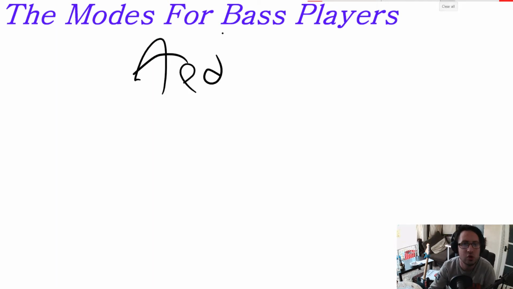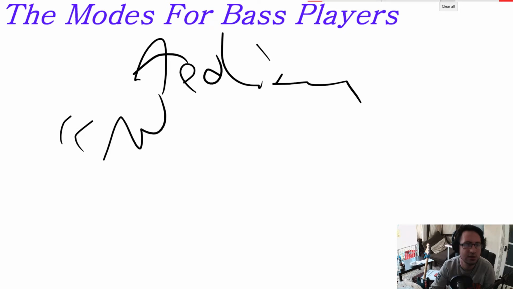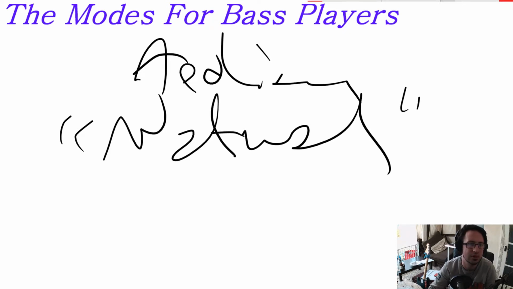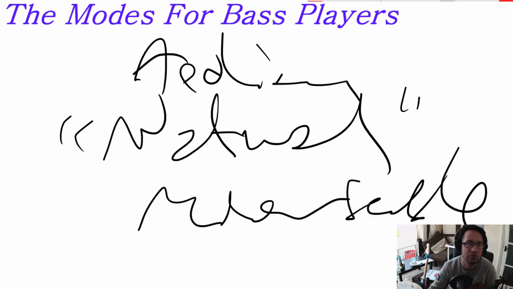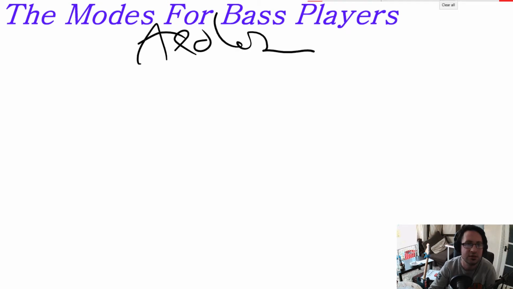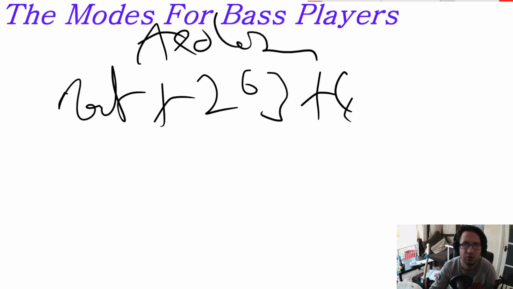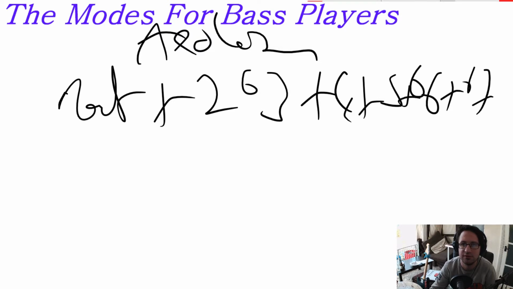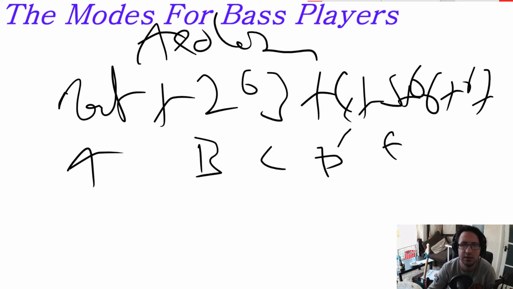We've got Aeolian, which is otherwise known as the natural minor scale, or just minor. So Aeolian, the formula is root, 2nd, flat 3rd, 4th, 5th, flat 6, flat 7, and we would be playing it in A, so A, B, C, D, E, F, G, A. I've slightly got them out of sync, but you get the idea.